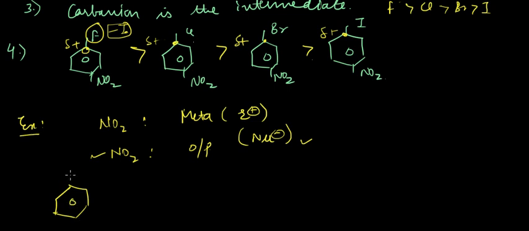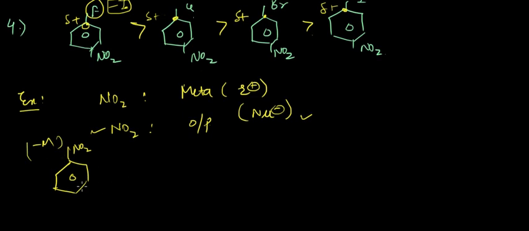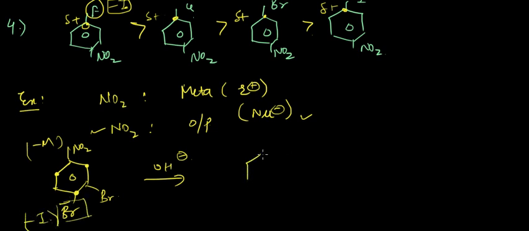We have something like this: the group NO2, which is a minus M group obviously, and 2 Br attached here. The incoming nucleophile will see that the maximum positive charge would be on this and this carbon atom. On top of it, this carbon atom also has a minus I effect because of the Br group, hence OH will prefer to be attached at this position, and we would have a negative charge here.